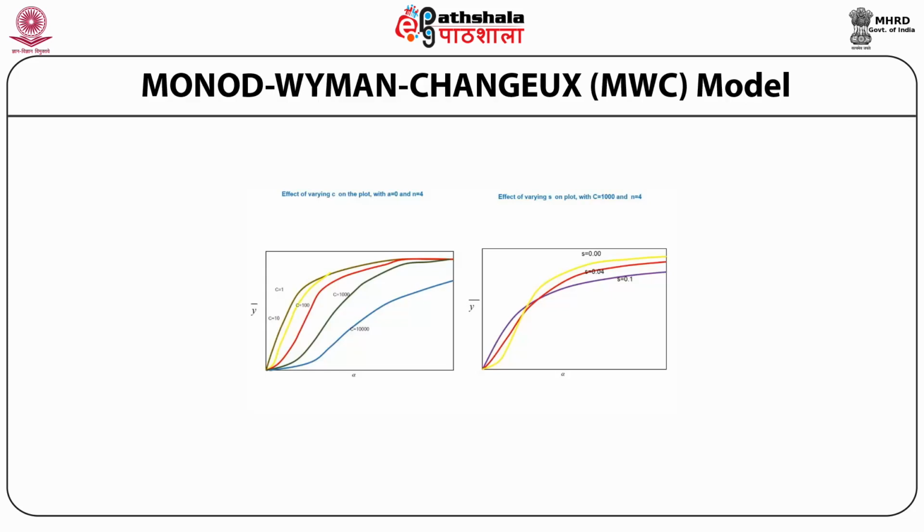If binding is only with the relaxed state, then you get a sigmoidal curve. That happens when S is equal to 0. If you go to S equal to 0.1, this means that the ligand also binds to the tense form. In that case, you get a hyperbolic curve.